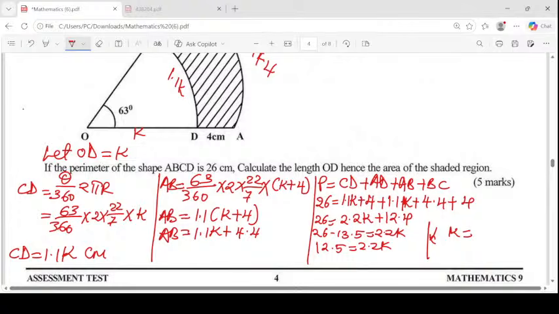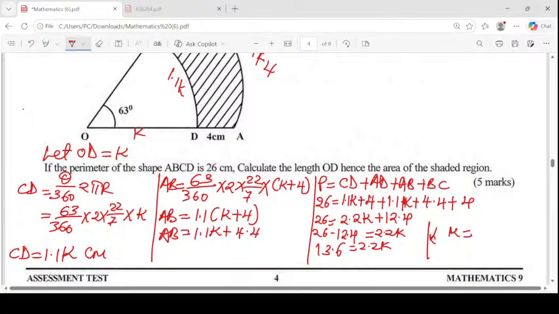So this will have been 26 minus 12.4, which is equal to 2.2k. When you take 26 minus that, you get 13.6. 13.6 now is equal to 2.2k.